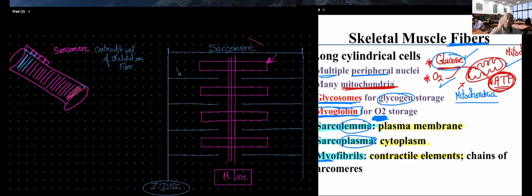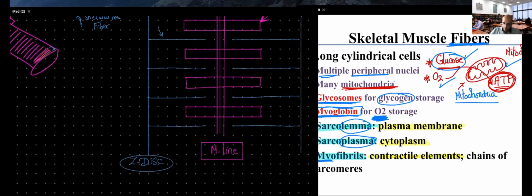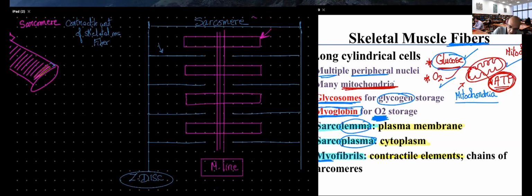Remember, thick filaments are attached to one another at the center by the M line. The thin filaments are attached to one another by the Z discs. The thick filaments are formed of protein subunits called myosin, compared to the thin filaments, which are formed by protein subunits called actin.